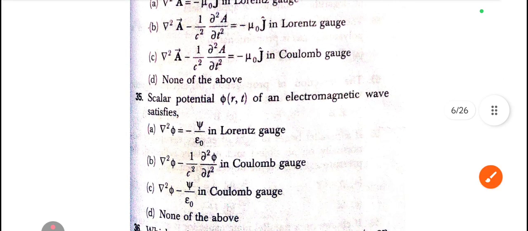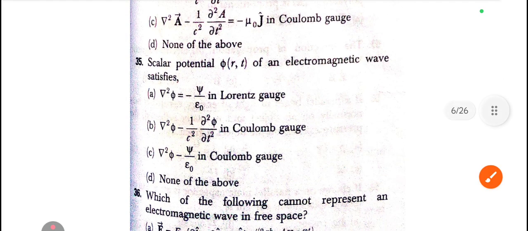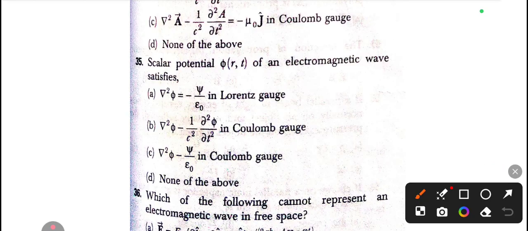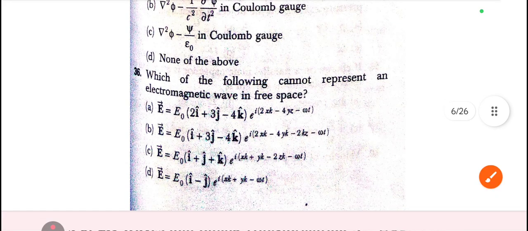Scalar potential of an electromagnetic wave. The right answer for this is option C. Which of the following can't represent an electromagnetic field in free space?